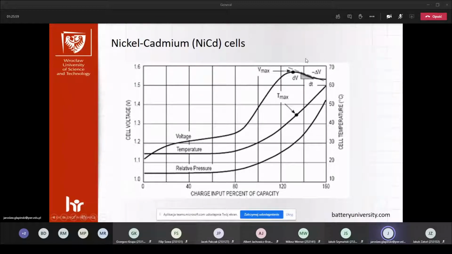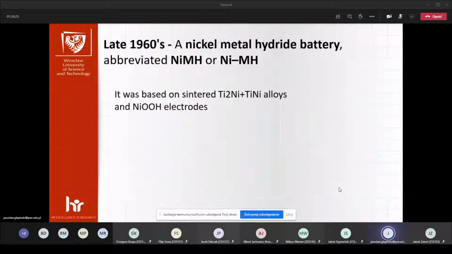We want to find the maximum of the voltage, and if we achieve it, we wait a moment and end the charging. Okay, is that okay for you? This is just the charging process of this element.